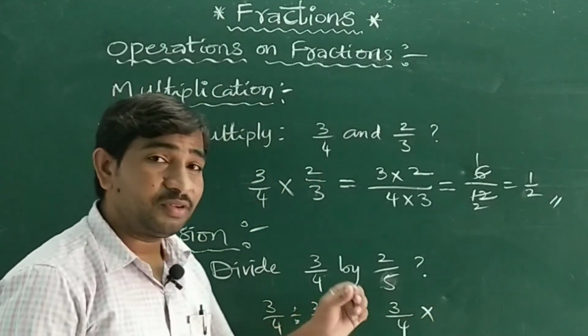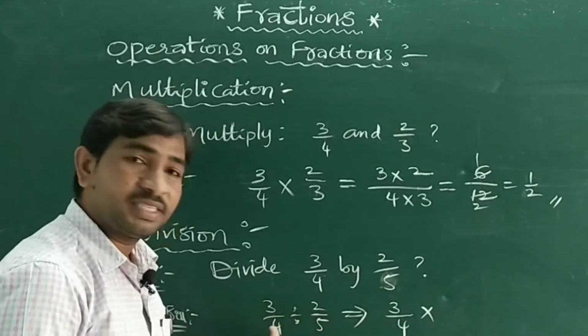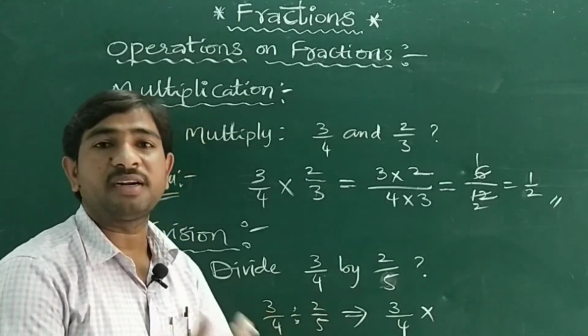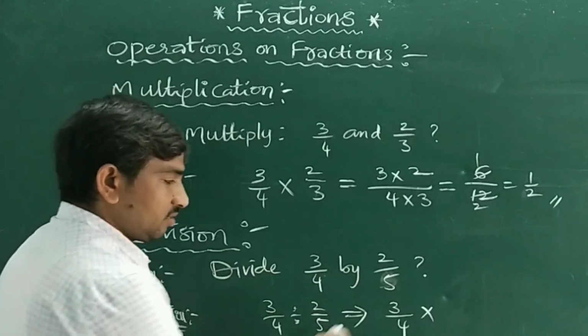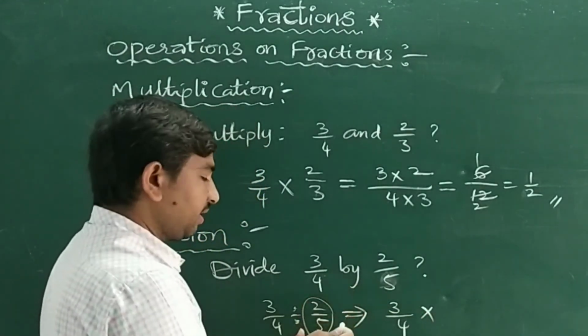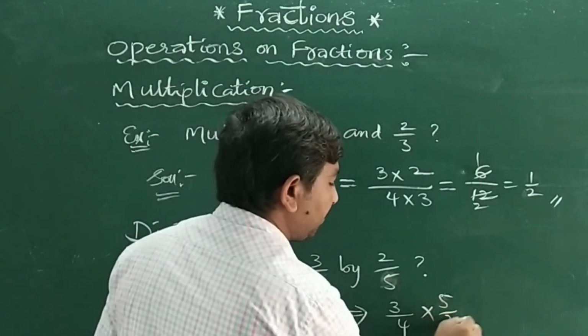Here, notice that when we are taking the division of fractions, the divisor must be converted into its reciprocal, turning the operation into multiplication. So 3 by 4 into, now it becomes, reciprocal means the numerator is converted to the denominator and the denominator to the numerator, so 5 by 2.